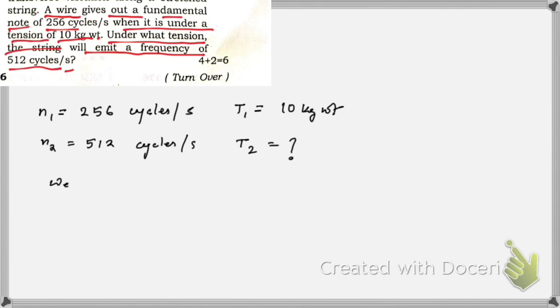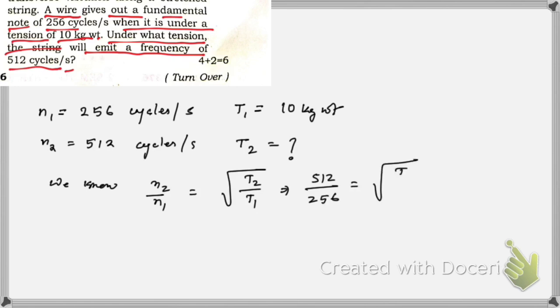We know that n2 by n1 is equal to root over T2 by T1. If you put the values here, 512 by 256 is equal to root over T2 by 10.